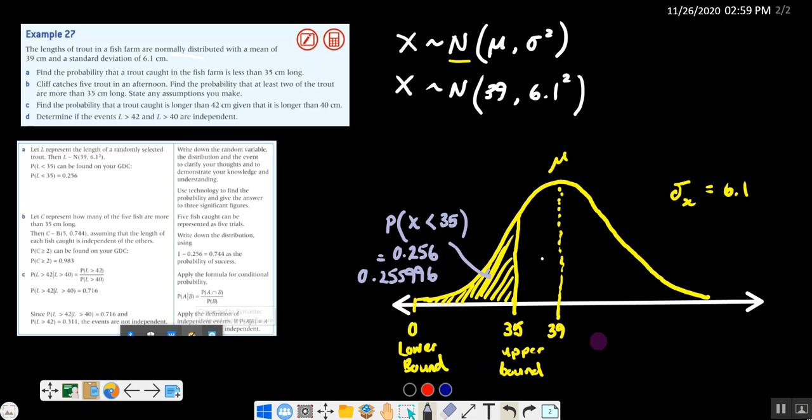So that means the probability of a fish being selected and being less than 35 is what? Give it me in a different form. What does 0.256 mean to you as a probability? So this is where I'm checking your transfer of what does a decimal mean?